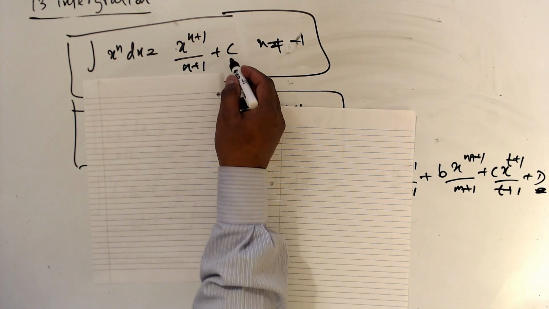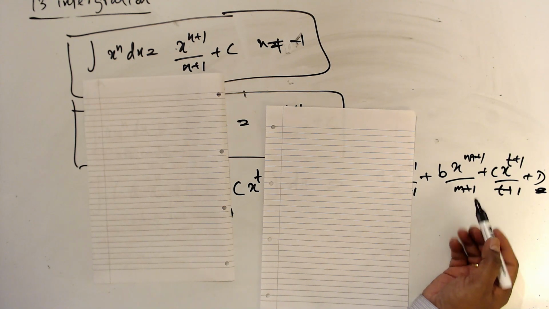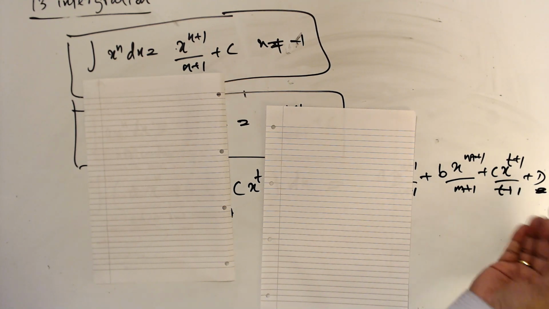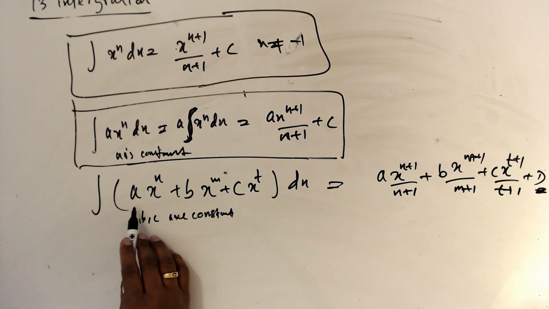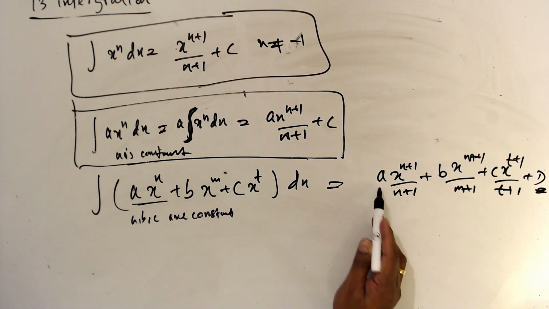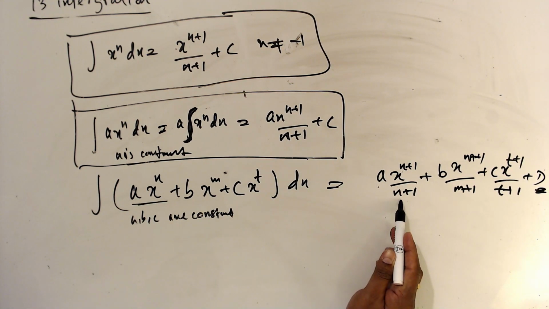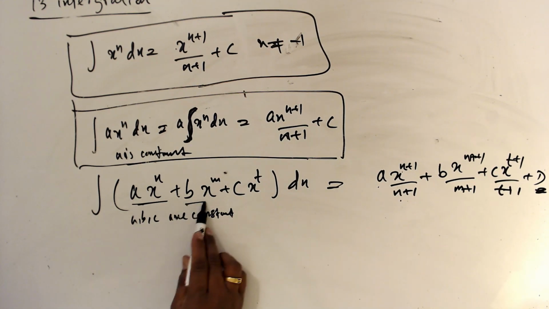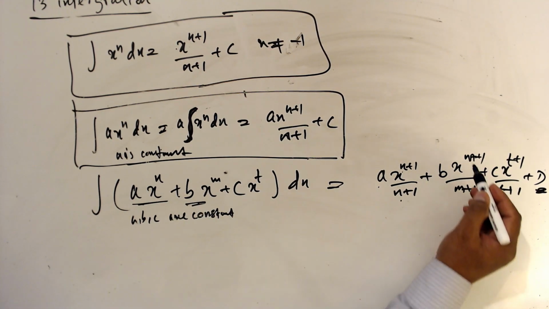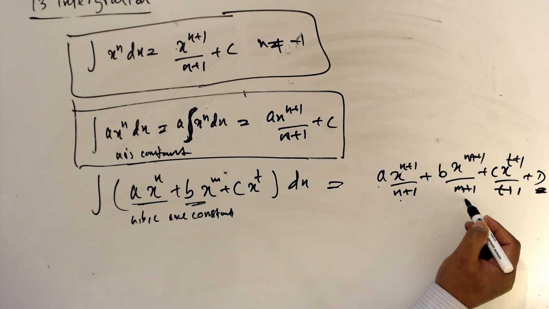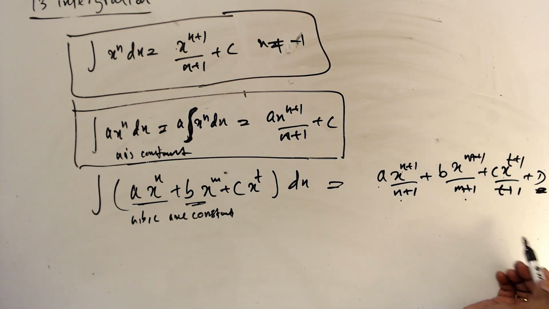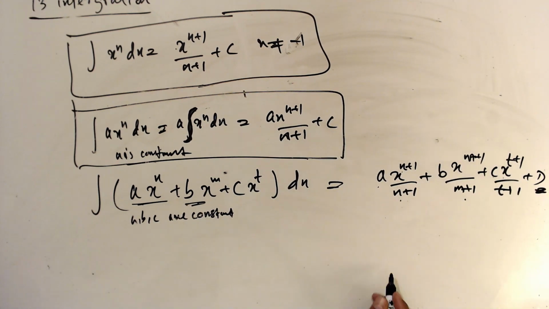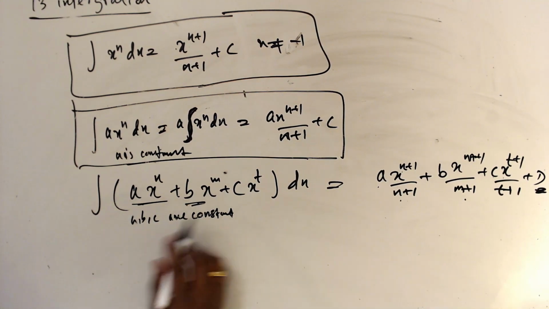Like here it is a constant; now I use a, b, c, I can't write c again, so I put d, another constant. So when you look at this, ax^n gives a times x^(n+1) over n+1, bx^m gives b x^(m+1) over m+1, and cx^t gives c x^(t+1) over t+1.